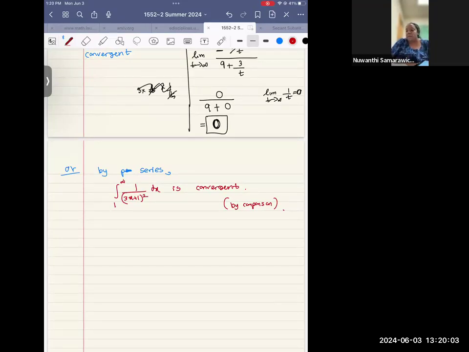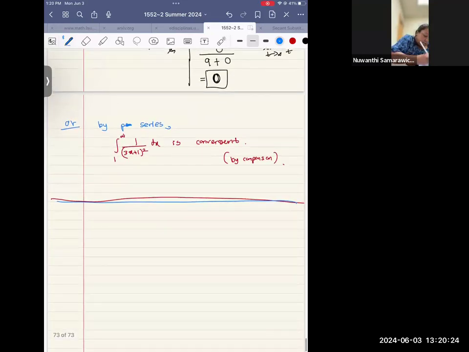I want to begin the comparison test for improper integrals in a new class. So I'm not going to do that, but I'm going to do the error bounds, because this is just substituting numbers.